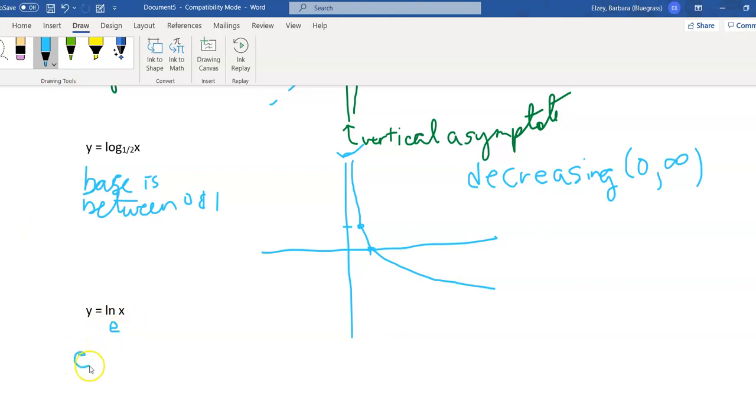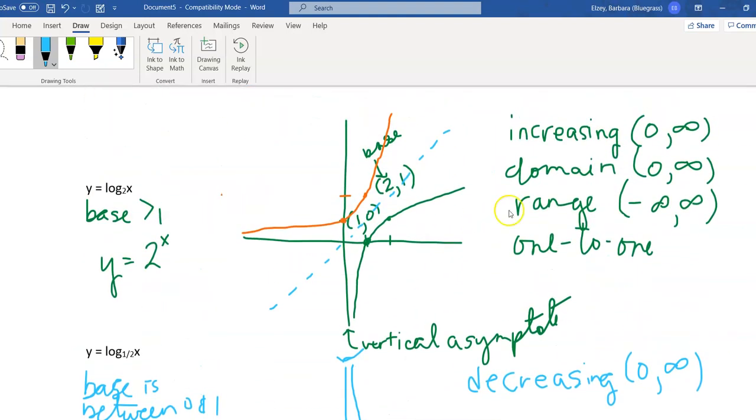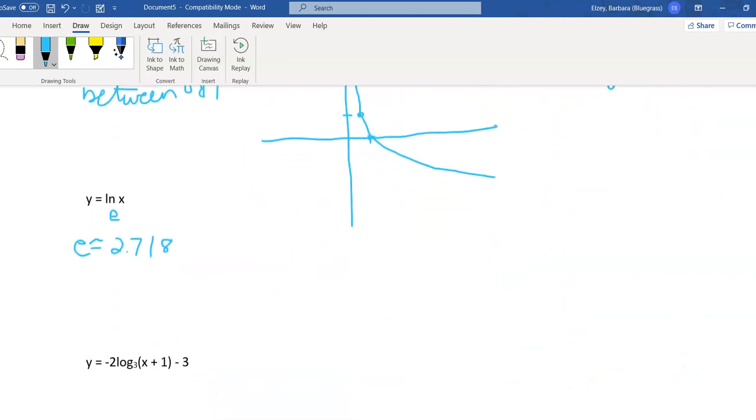And remember that e is approximately 2.718. All right, so that's a base bigger than 1, which means its graph is going to look like this one right here. It's going to go through 1, 0, and 2.718, 1. So with that in mind, let's draw it.